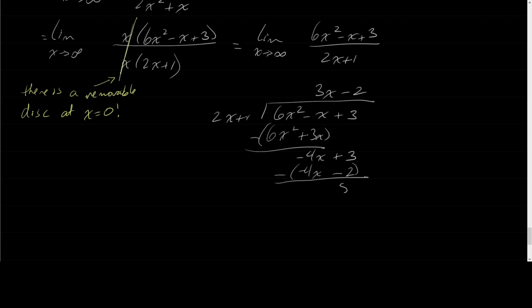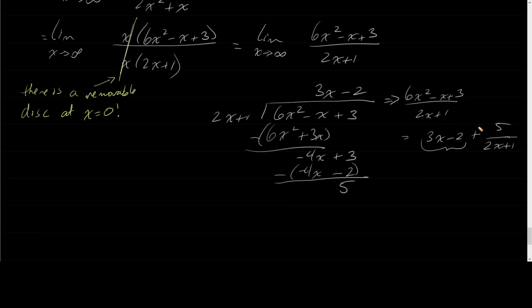Subtract, 5. So what this tells me now is that this fraction, 6x squared minus x plus 3 over 2x plus 1, is equal to 3x minus 2 plus 5 over 2x plus 1. Now in here, this is the overall driving force.